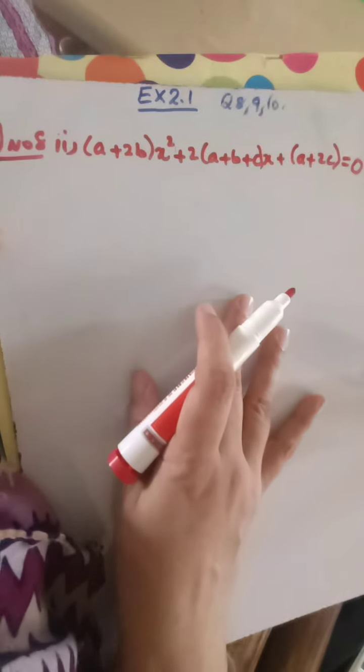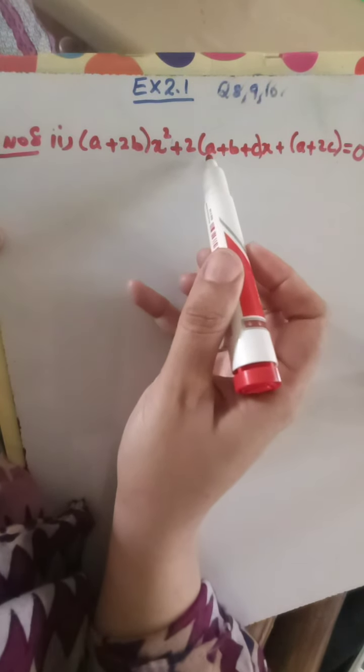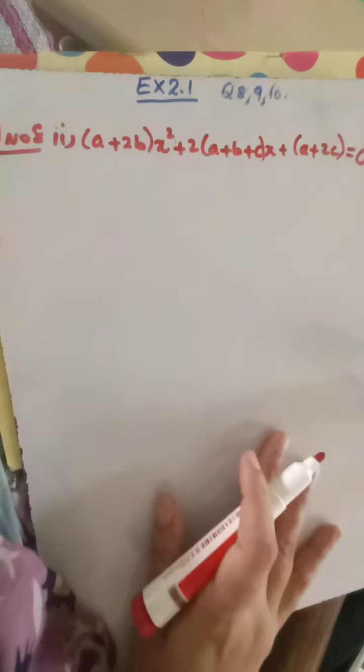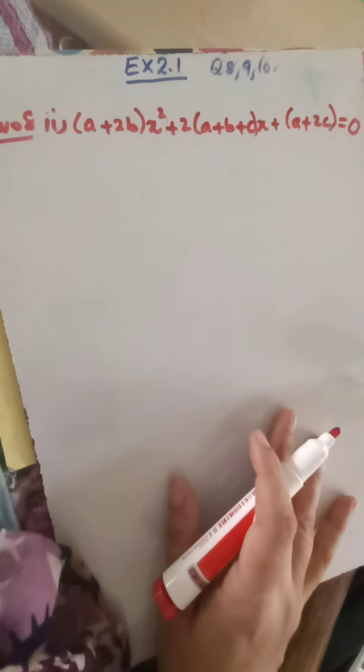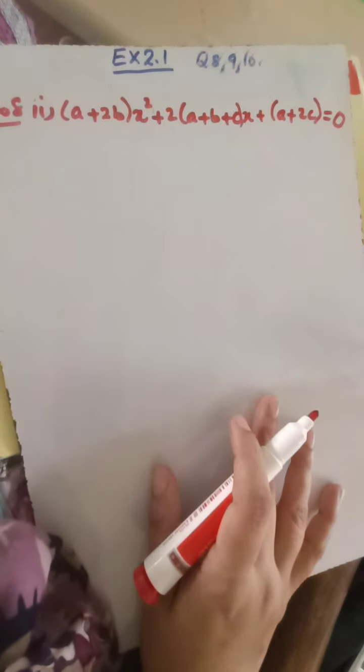This is the question: (a + 2b)x² + 2(a + b + c)x + (a + 2c) = 0. So we have to prove that the roots of this equation are rational.